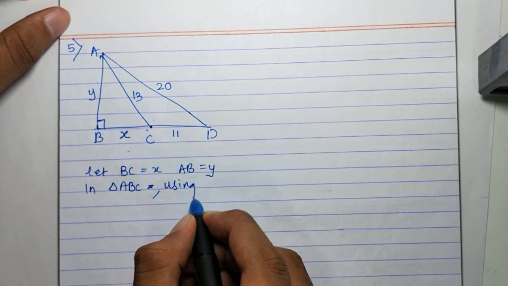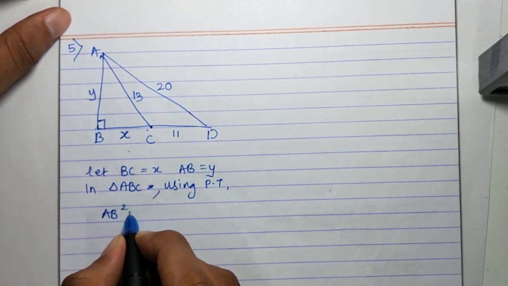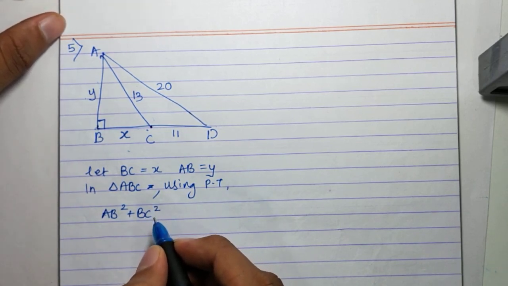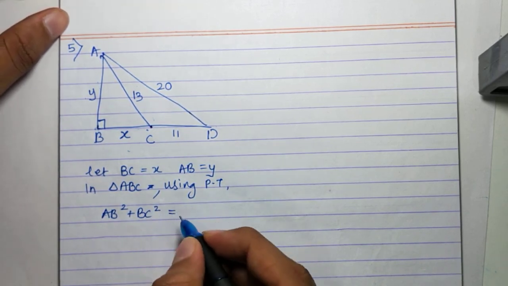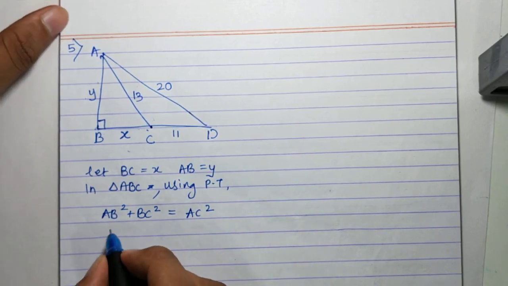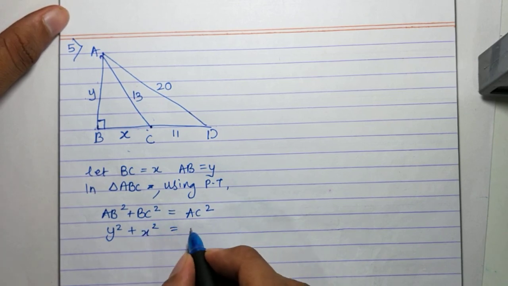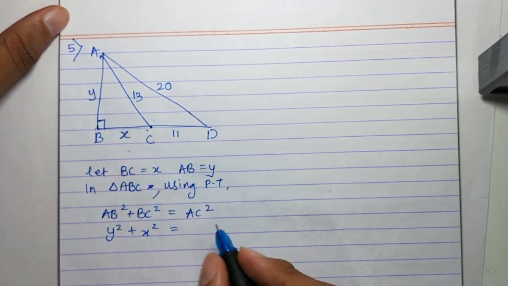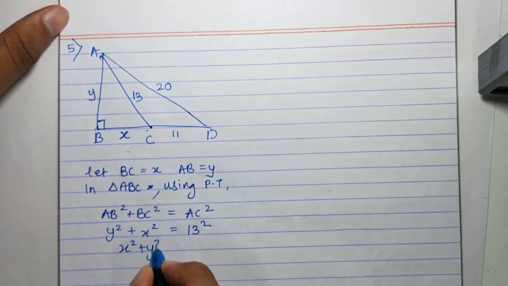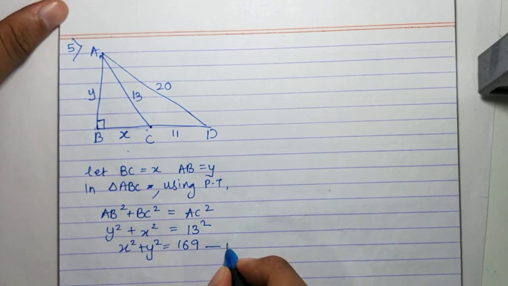Using Pythagoras theorem, AB square plus BC square equals AC square. So AB is y square plus BC is x square equals AC is 13 square. Okay, so that means I can write x square plus y square is equal to 169. Okay, and let's name this 1.